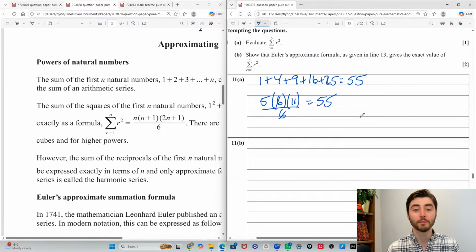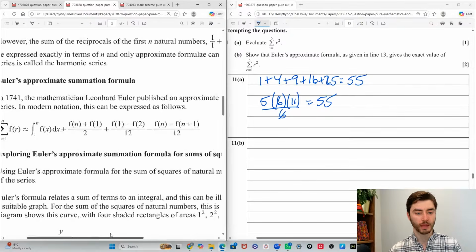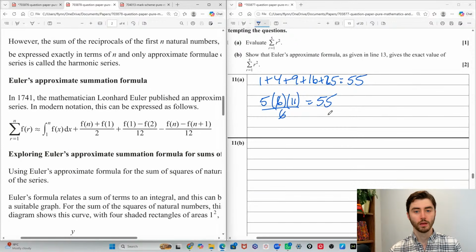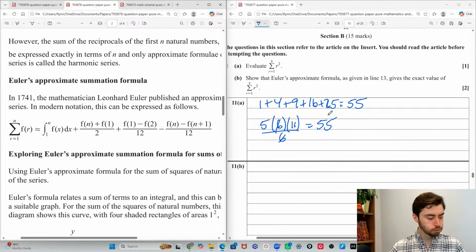That's okay. All right, so show that Euler's approximate formula, let's give it in line 13. Let's just apply this.